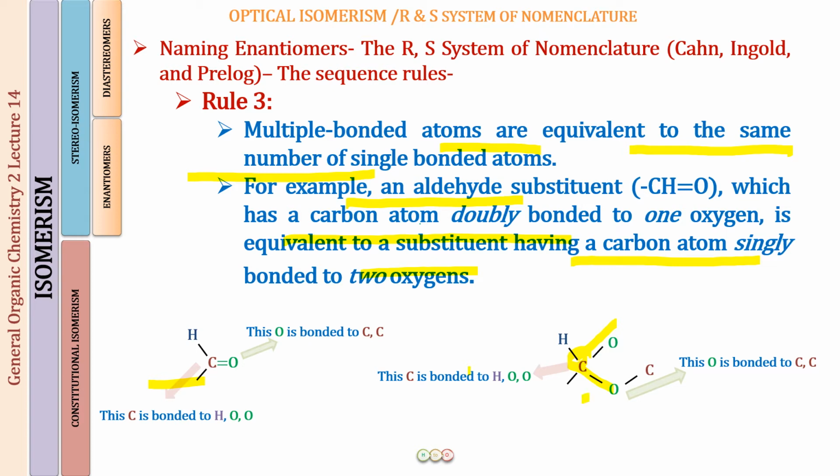Now similarly, this oxygen atom of the CHO group, this was also forming a double bond with the carbon, so you are going to write a carbon along with the oxygen atom also. Okay, so these two, first of all, this oxygen and this carbon, they are called phantom atoms. They were not actually existing. We have just created these to make our priority order understandable to us. Okay, so I hope this is clear.